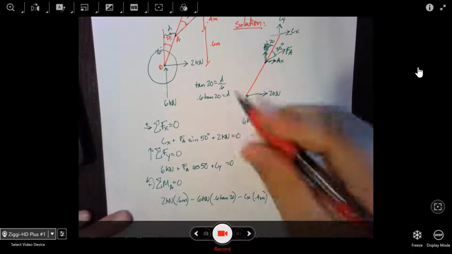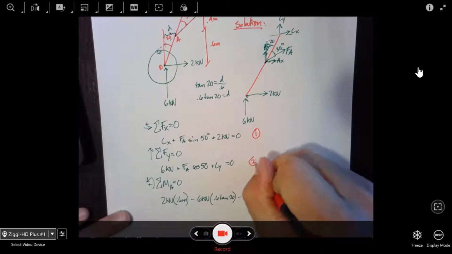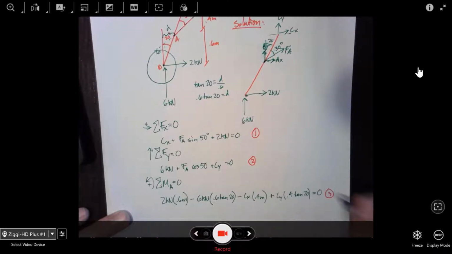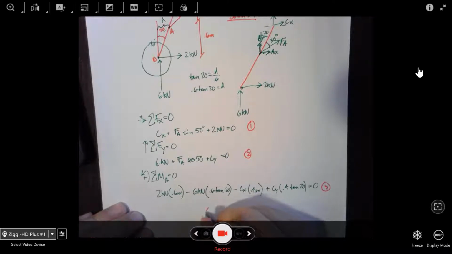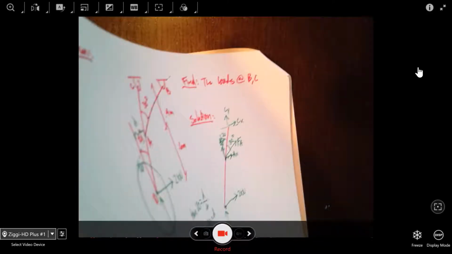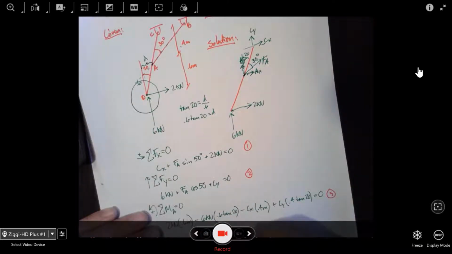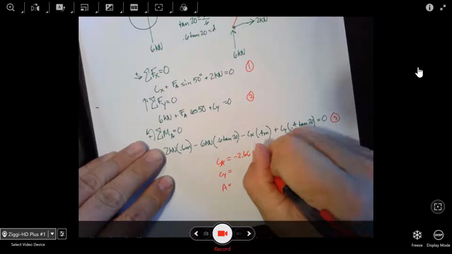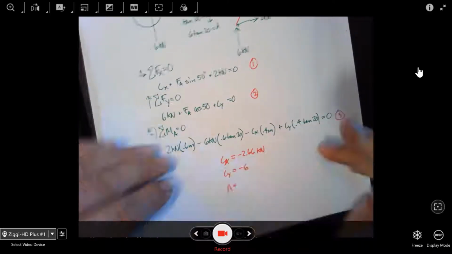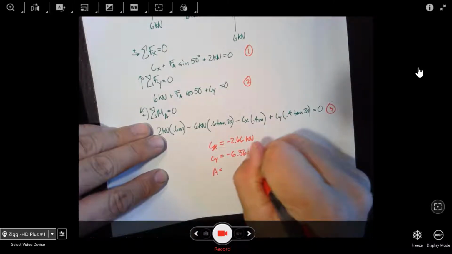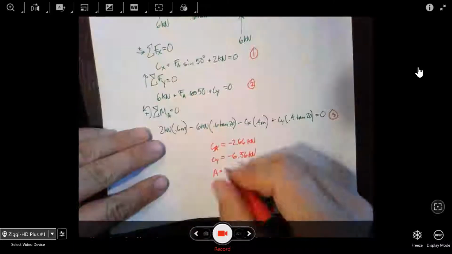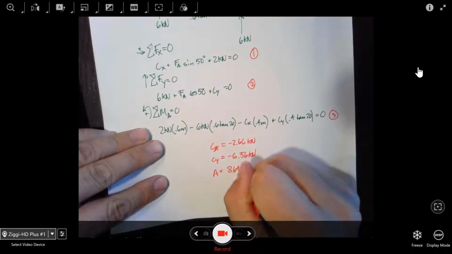And now we have 1, 2, 3 equations, and we can solve for the unknowns, which are CX, CY, and FA. And what I got for those are negative 2.66 kilonewtons, negative 6.56 kilonewtons, and 864 newtons.